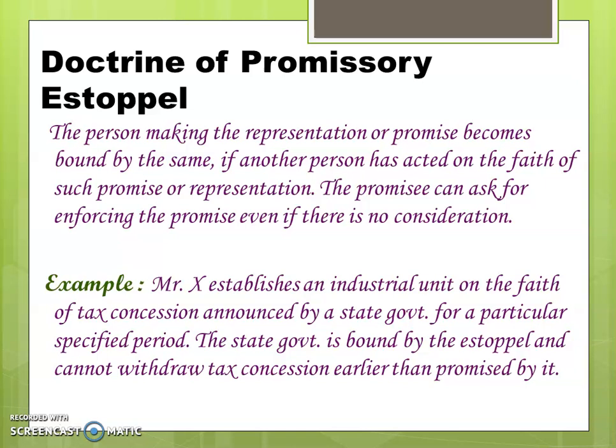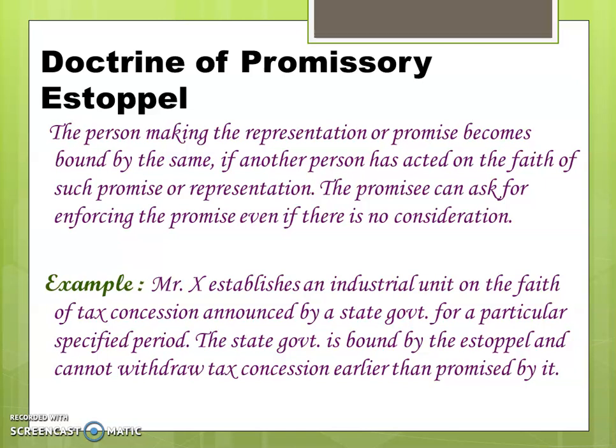So if there are any financial difficulties, the government is not supposed to withdraw the contractual obligation, and if the government withdraws from that contractual obligation, Mr. X can sue the government and get the tax concession. So this is called the doctrine of estoppel.